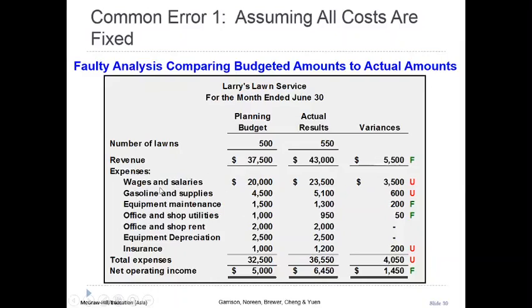For example, paying the salaries of the employees, the gasoline and supplies, and the maintenance of our equipment. The higher the activity, the higher the cost as well. But utilities, rent, depreciation and insurance can be considered fixed, because no matter how much you mow the lawn, you still pay the shop rent, the office rent, the insurance and so on.